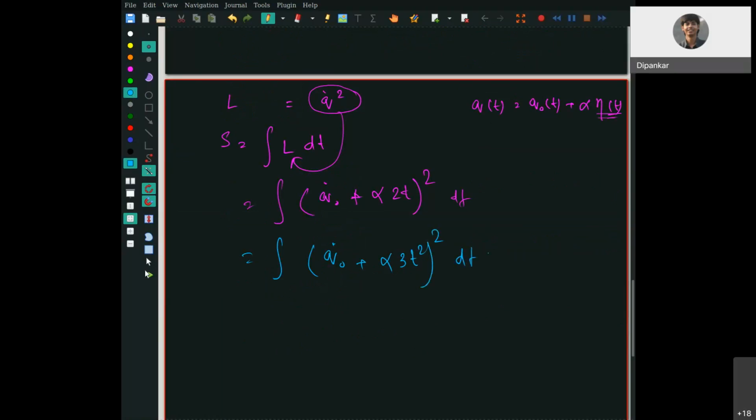So these two integrations will be different, right? Although the Lagrangian is the same, since you have chosen eta t to be different, your value of S is different for a given alpha.